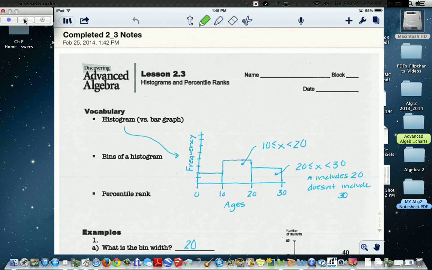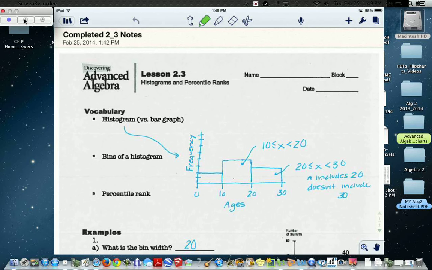So maybe you're at a friend's house or at a gathering, and you'd count how many people are from 0 to 10, 10 to 20, and 20 to 30, and then you would make a tick mark for every age category, and then the histogram would go up to 2 people, 4 people, and maybe 3 people.